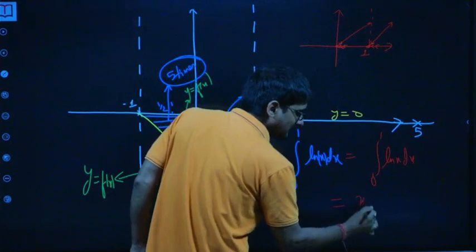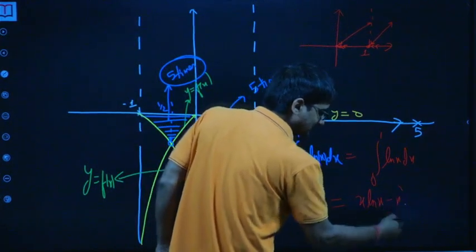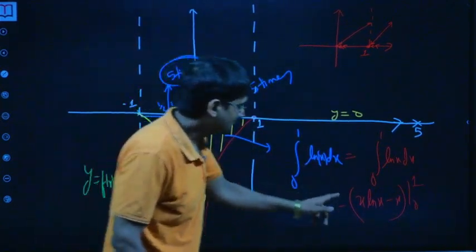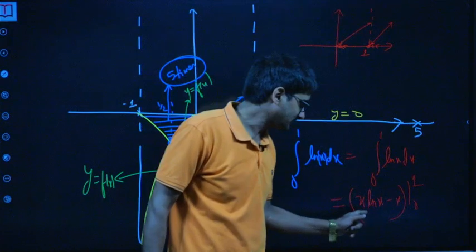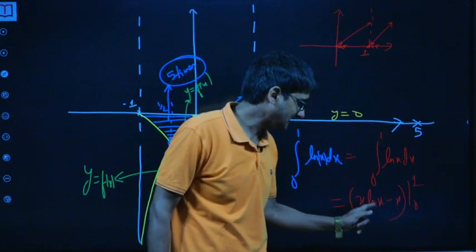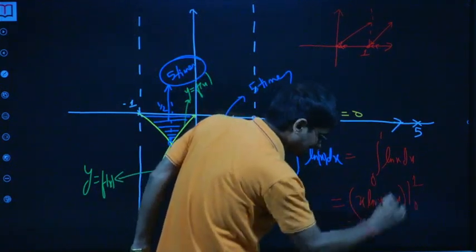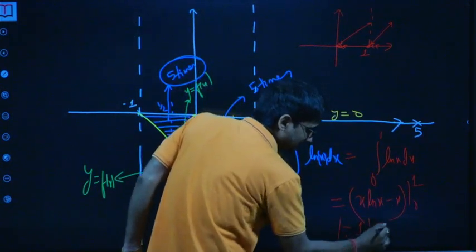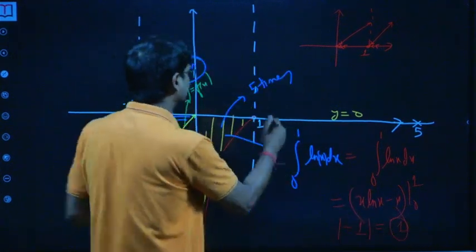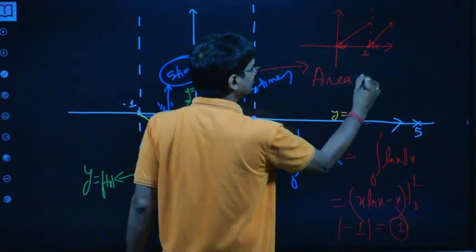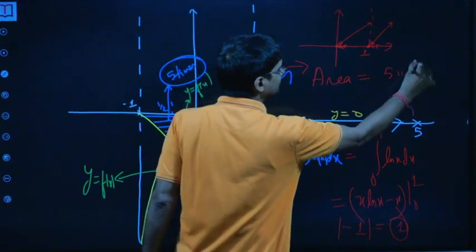The integral of ln x is x ln x minus x, from 0 to 1. Now when you put it in, 1 ln 1 is 0, so gone, minus 1, and at 0 everything is 0. Since it's area, it's 1, and 5 times of it. So the area on the right side of the y-axis is 5 units.